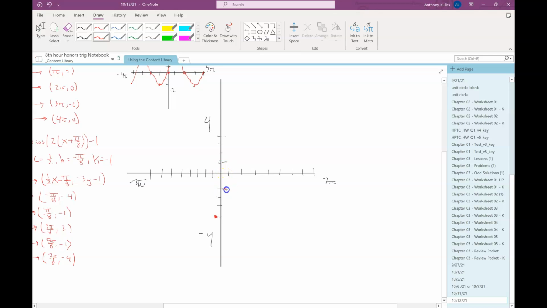I have 1/8 and -1, and 3/8 and 2, and then 5/8 and -1, and then 7/8 and -4, and then we're back, and there's there, and then there, oops, and then back down there, and down to there, up to there, down to there, back to here, down to there. So it looks something like that.